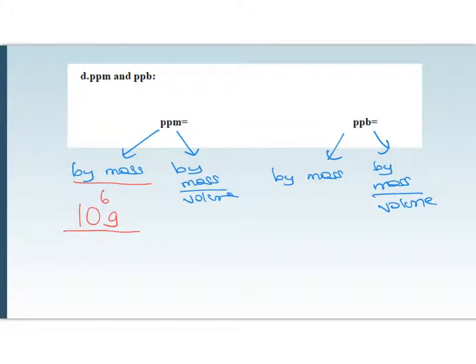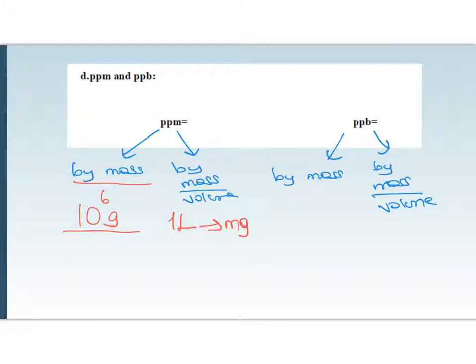But if by mass per volume is asked, you're going to find the amount of solute that is dissolved in 1 liter of solution. And just be careful, the amount of solute should be used in terms of milligrams, not grams, not kilograms.